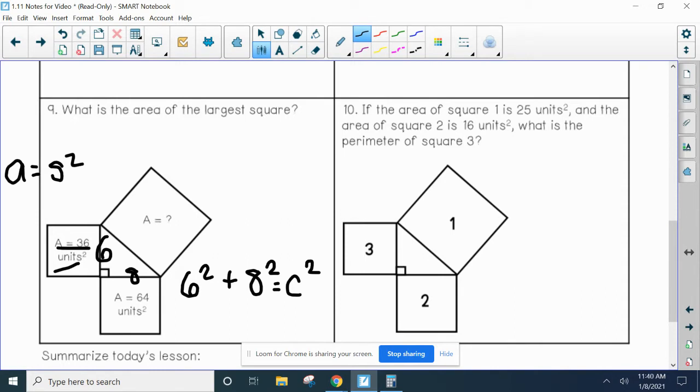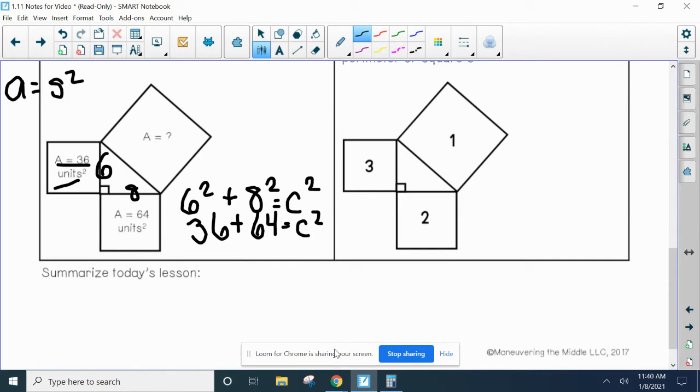All right, and they already told us 6 squared is 36, 8 squared is 64. It's going to be equal to that third side length squared. All right, and 36 plus 64 is going to be 100, is equal to c squared.